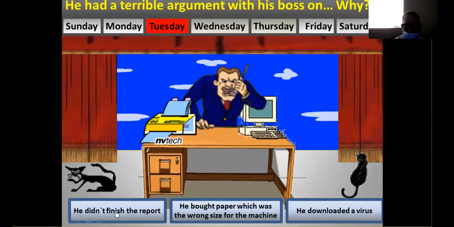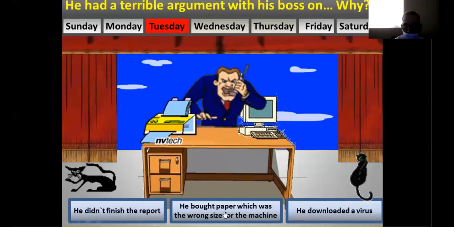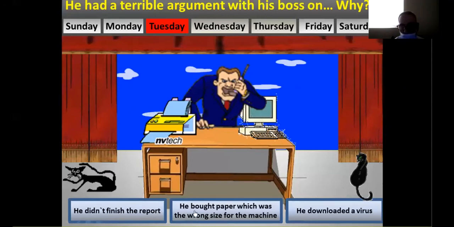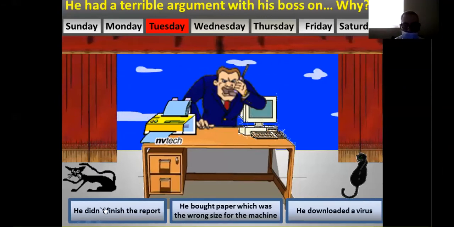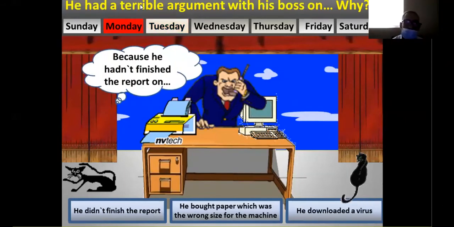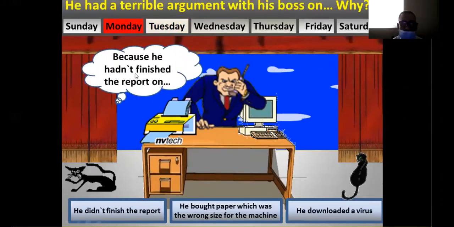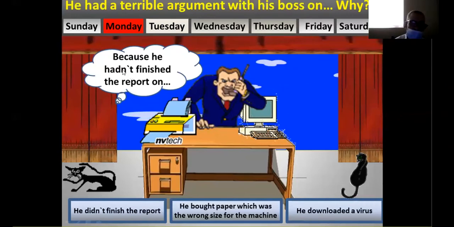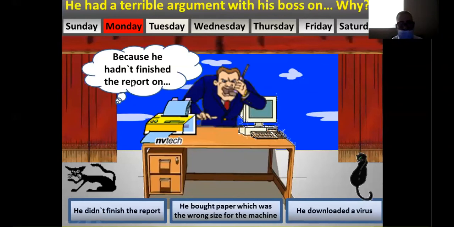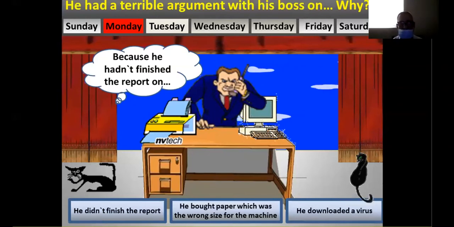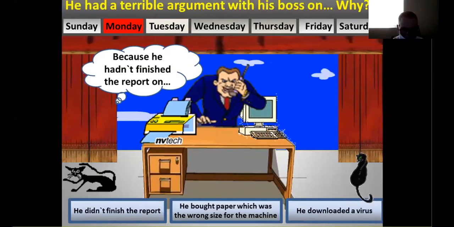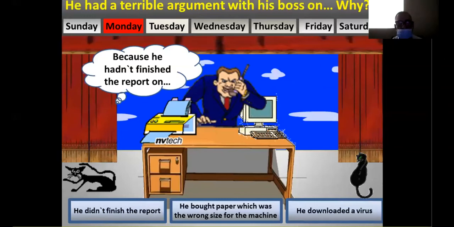We'll see. He didn't finish his report. He bought a paper which was the wrong size for the machine. He downloaded a virus. I'll choose this. Yeah, because on Monday he had finished. He hadn't. This is the negative, of course. He hadn't finished the report. So this employer hadn't finished the report. So the manager was angry, and of course he had an argument with him.